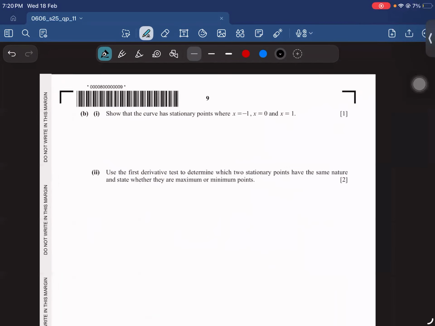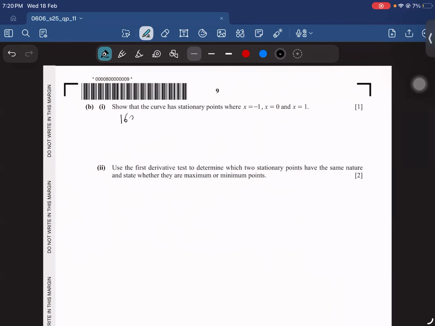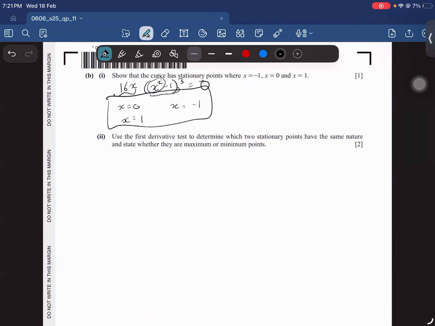So I'm going to take the numerator, 16x times x squared minus 1 cubed, and equate it to 0. Therefore, x can be 0 from this bit. x can be 1 from this bit. And x can also be -1 because it's a square over here. And those are our 3 points.